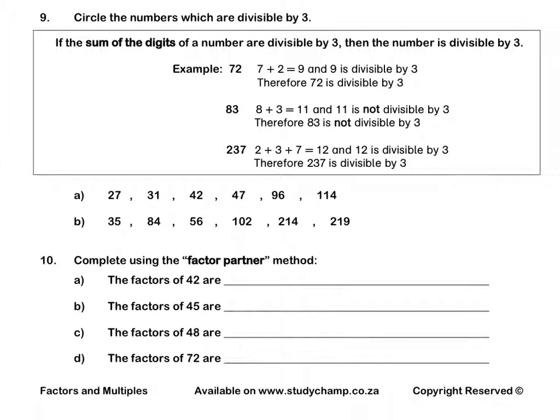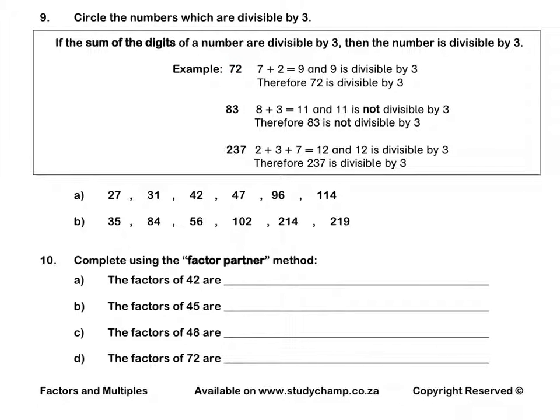Question 9. Circle the numbers which are divisible by 3. Let's first learn. If the sum of the digits of a number are divisible by 3, then the entire number is divisible by 3. Let's see what this means. 72. Is 72 divisible by 3 or not?